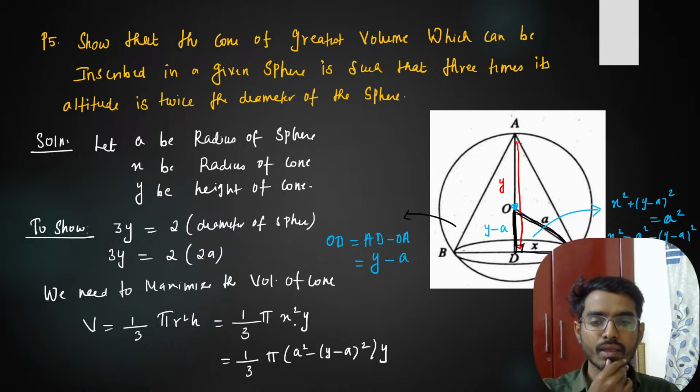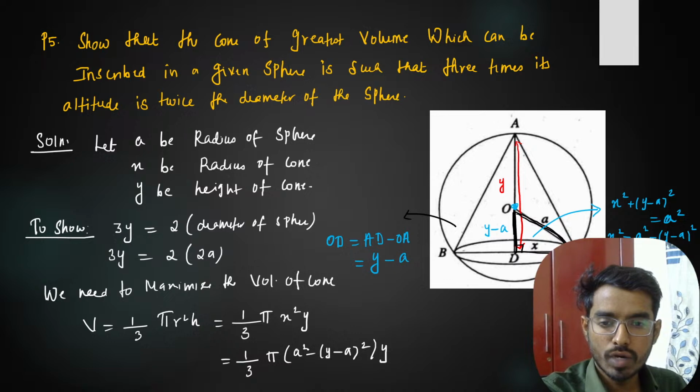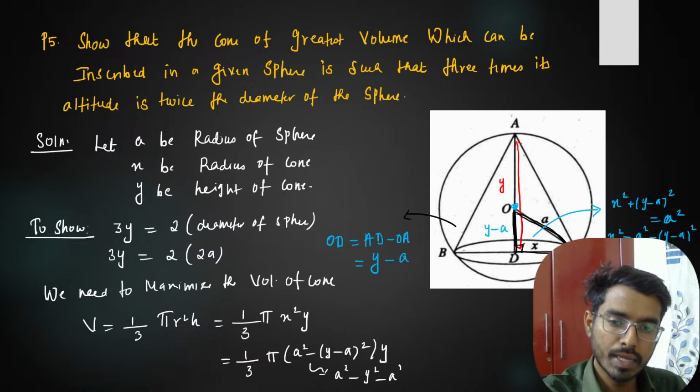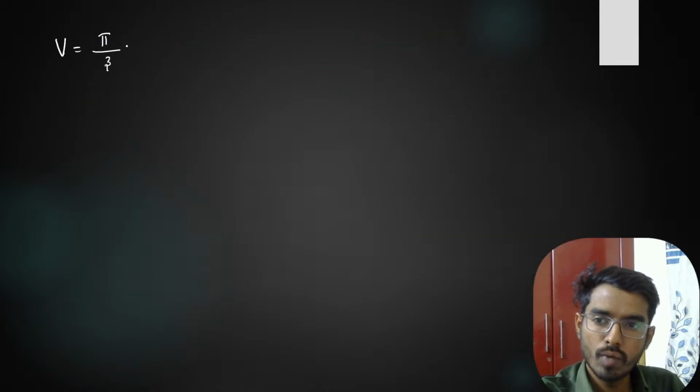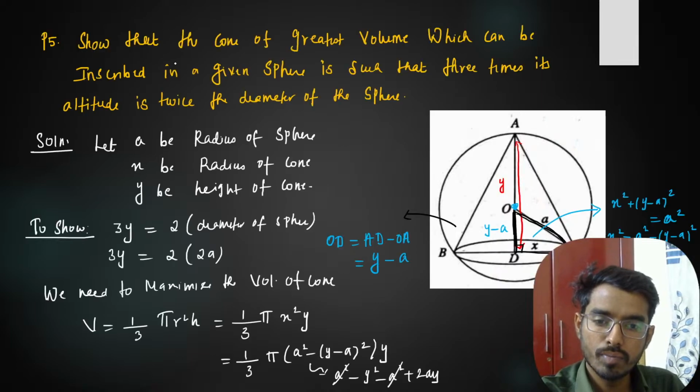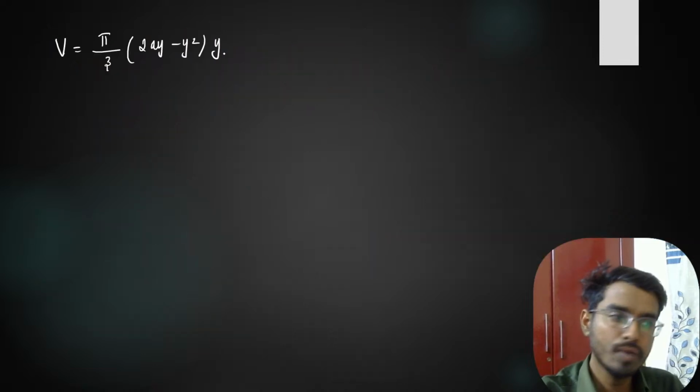I'm just trying to express this x in terms of y, right? So what is the simplification? a square minus y square minus a square plus 2ay. These two will get cancelled. So our V will be equal to pi by 3 times (2ay minus y square) and then multiplied by y.